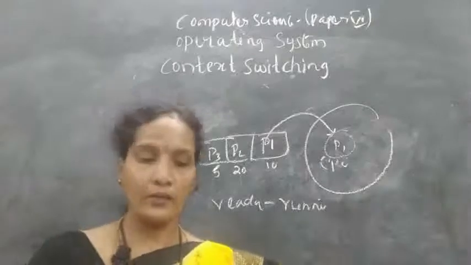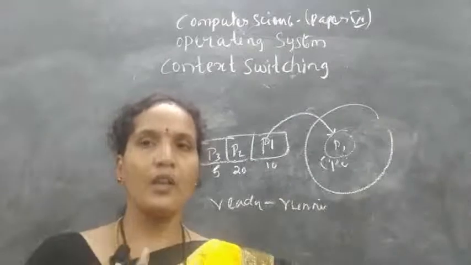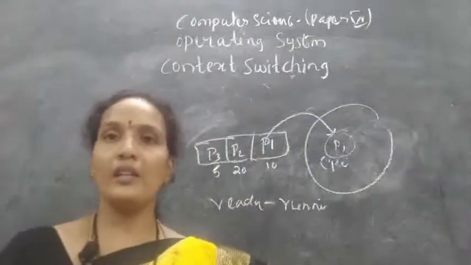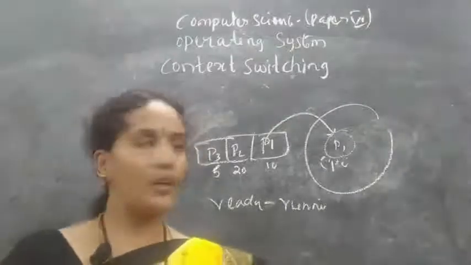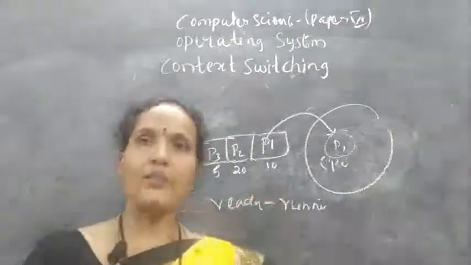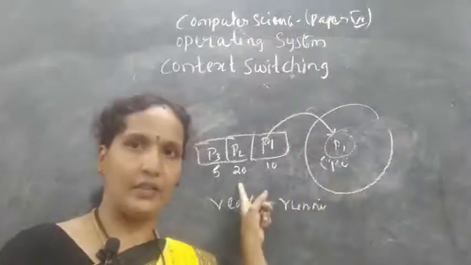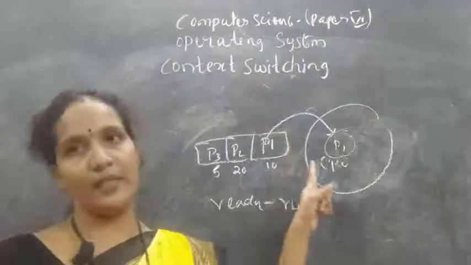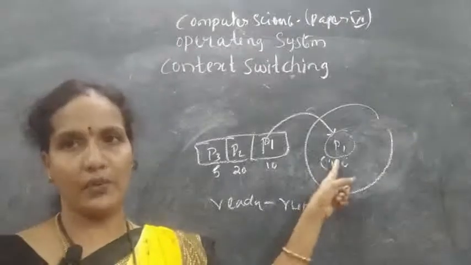Understood all of you? Now, when you are doing a context switching, I have explained switching, and now I will explain context. When you want to remove a process from the running state to the ready state, you need to save the context of the running process, meaning the information of the running process.